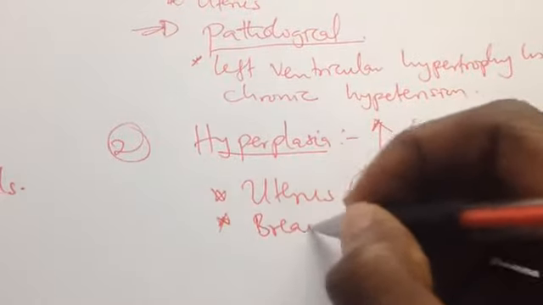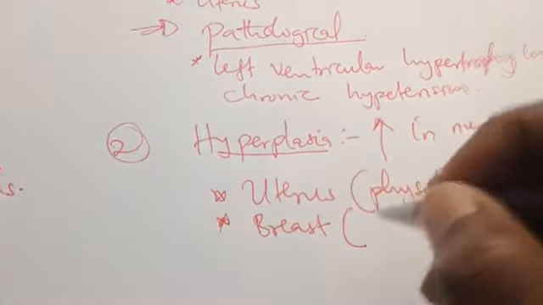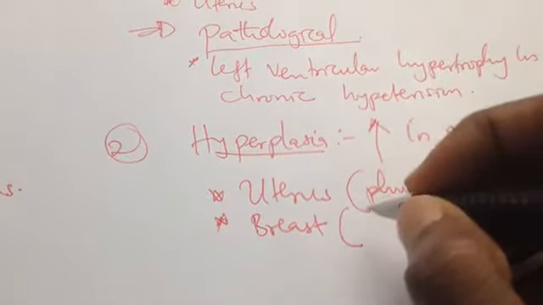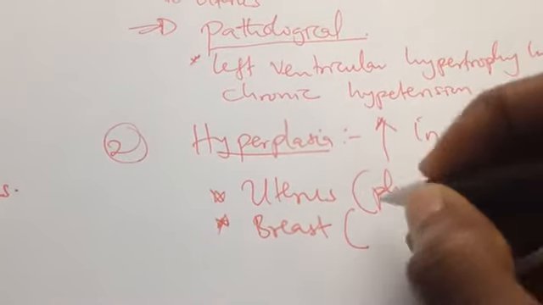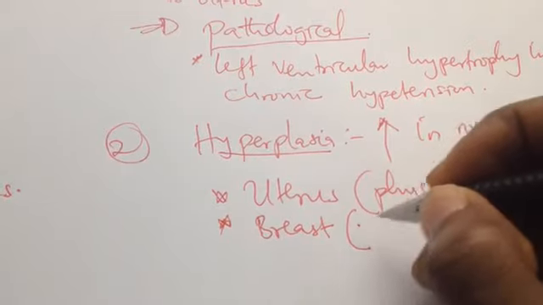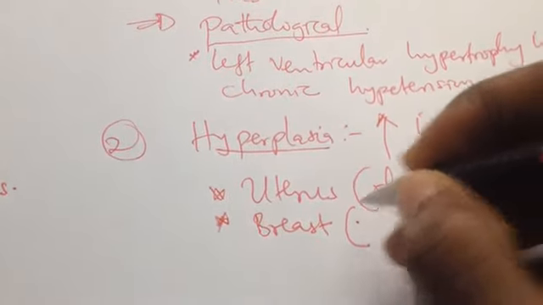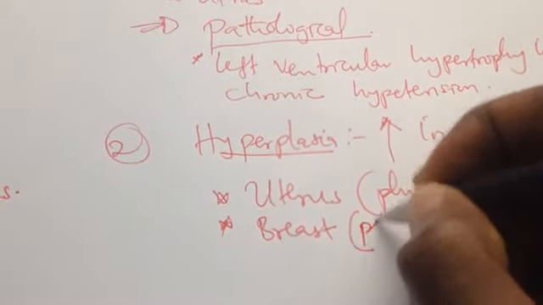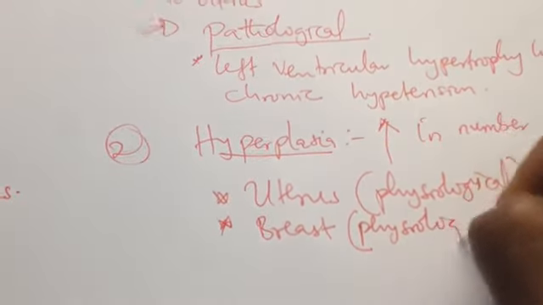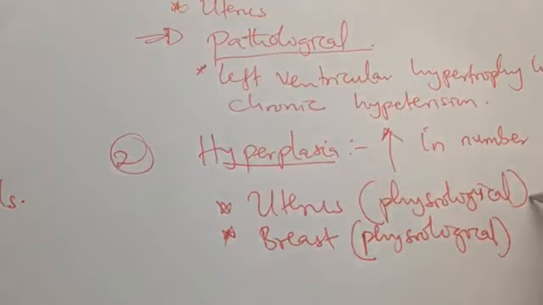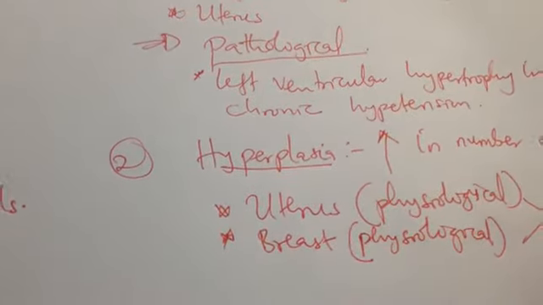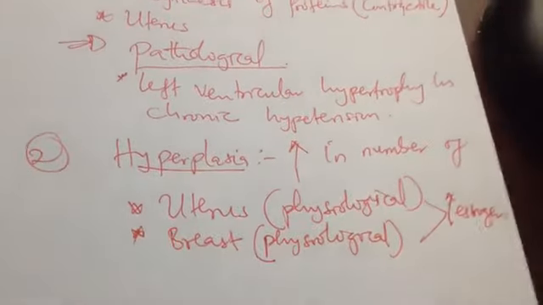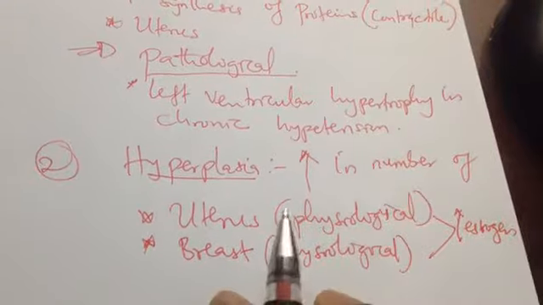In a lady that is breastfeeding, or during pregnancy, around, for example, the 9th month, the breast tissue undergoes hyperplasia to increase the production of milk. This is also physiological, and all this occurs due to increase in estrogen.